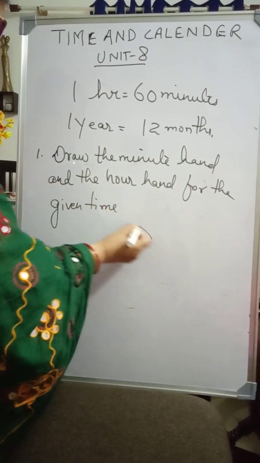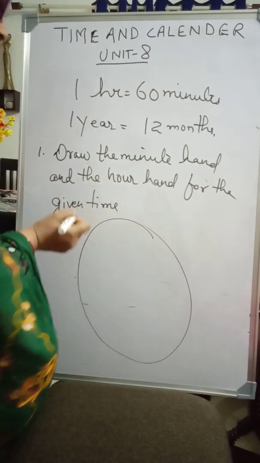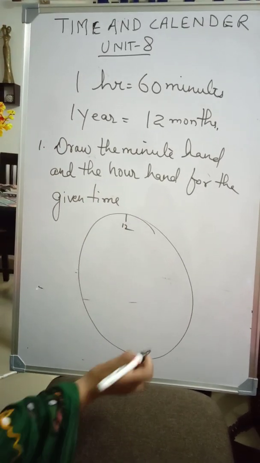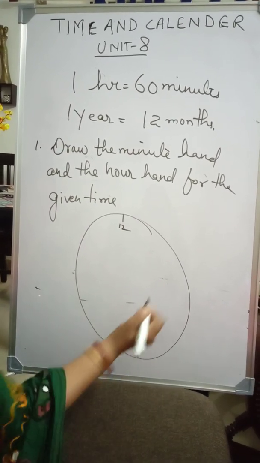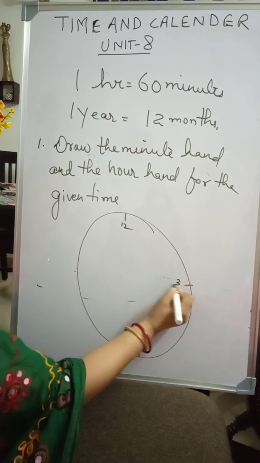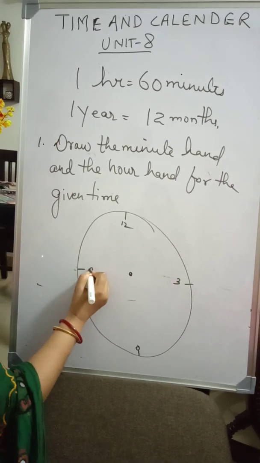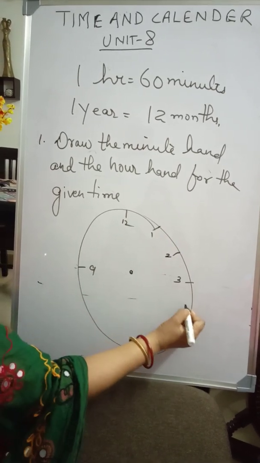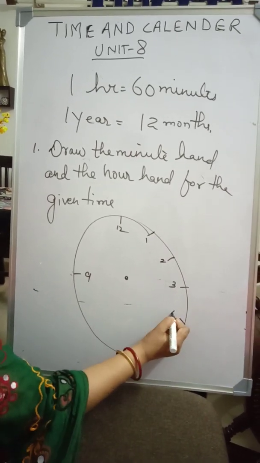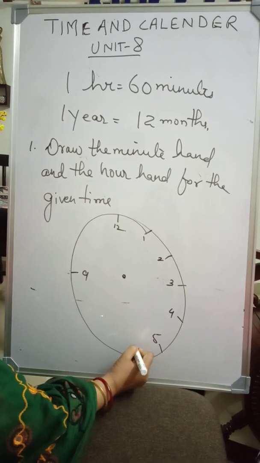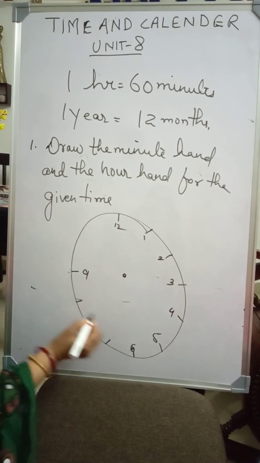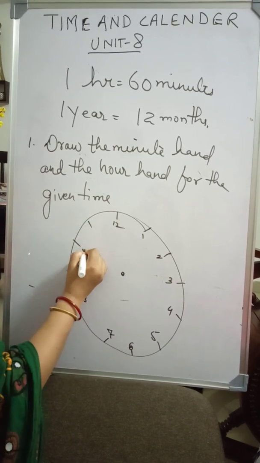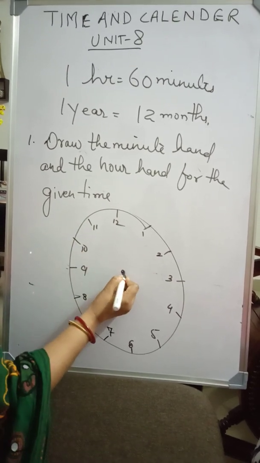So here, this is a clock. It starts with 12. 3 is at the center right. This is 9. And it's 1, 2, then 4, 5, then 7, 8, 9, 10, 11, 12. This is the center.